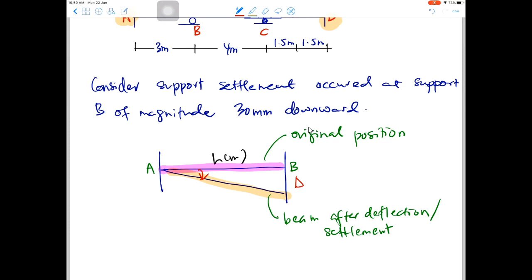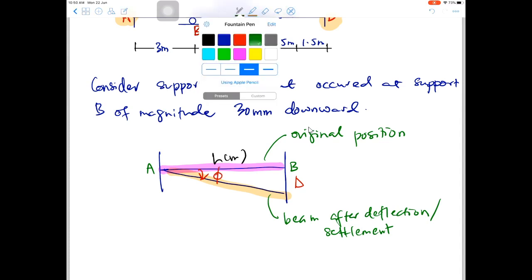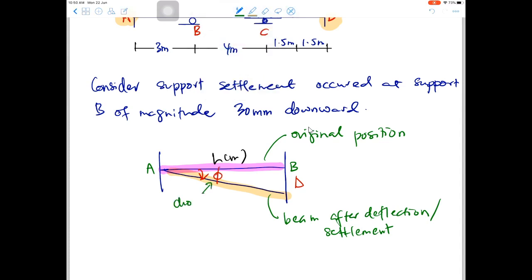Here the angle is called the chord rotation. This is the fixed end moment, the fixed end moment for delta.